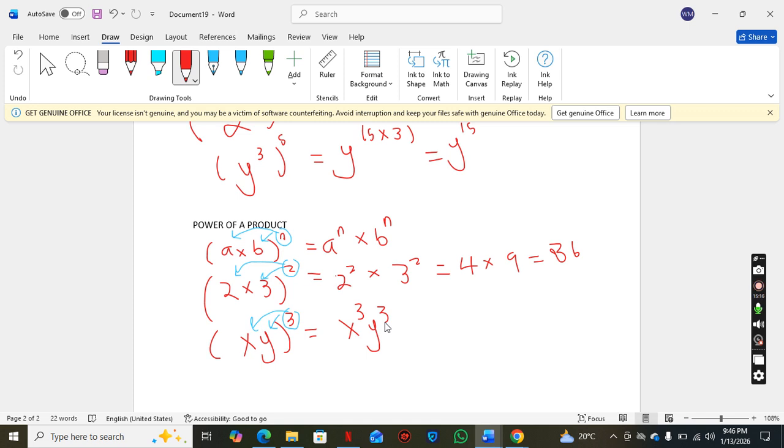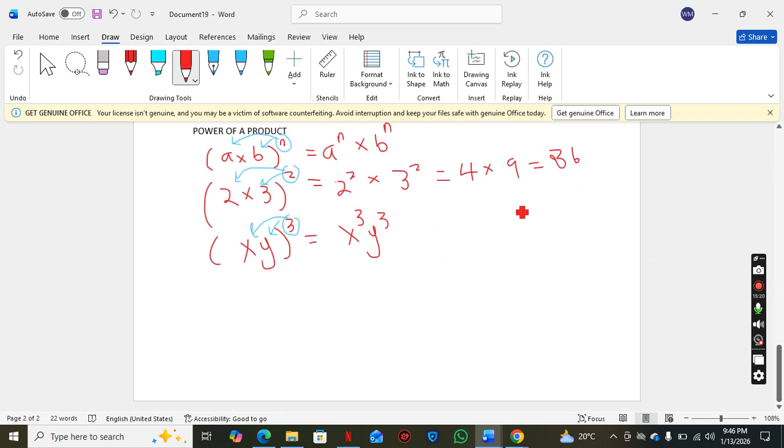Any questions on this one? That's clear. We are following. Wonderful. All right. So these laws, as I say, with maths, it's mostly about practice. So I'll be giving you practice questions so that you remember these laws, because you are going to see them in other topics.